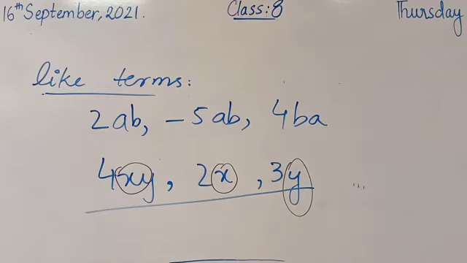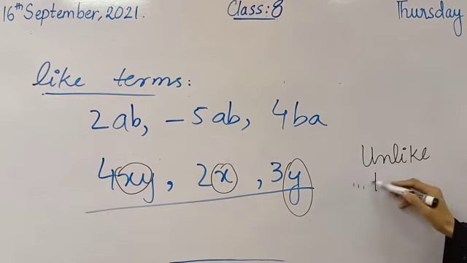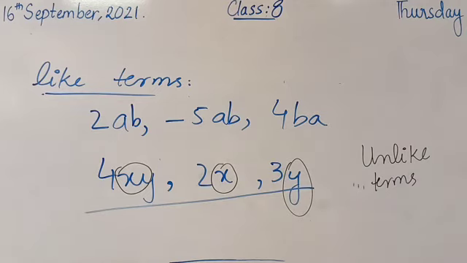The terms which are not like are called unlike terms, in which the variables are not the same. The terms having the same variable are called like terms, and the terms having different variables are called unlike terms. Okay, is it clear?